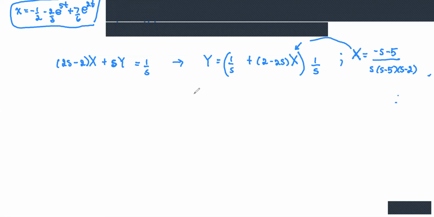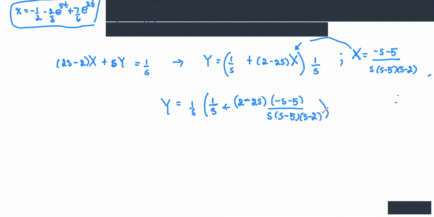Then the uppercase Y equals, it's a little bit messy, just bear with me. So it's going to be 1 over s, I'm going to put 1 over s out, then 1 over s plus the 2 minus 2s, the uppercase X, which is negative s minus 5 divided by s minus 5, s minus 2, and this is a plus sign, and bring them into one fraction.